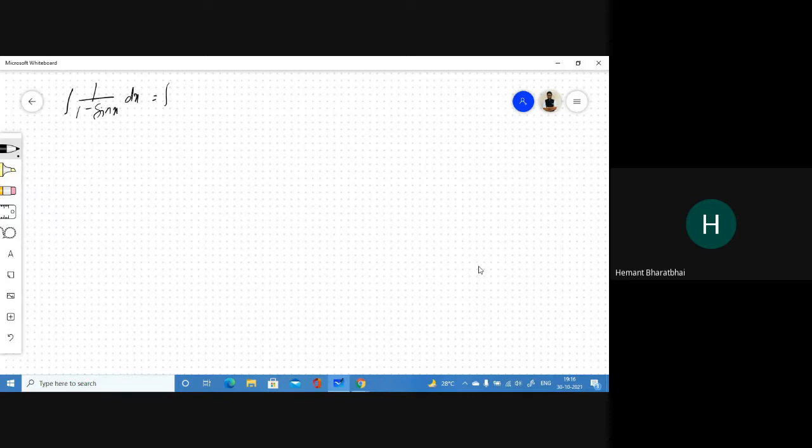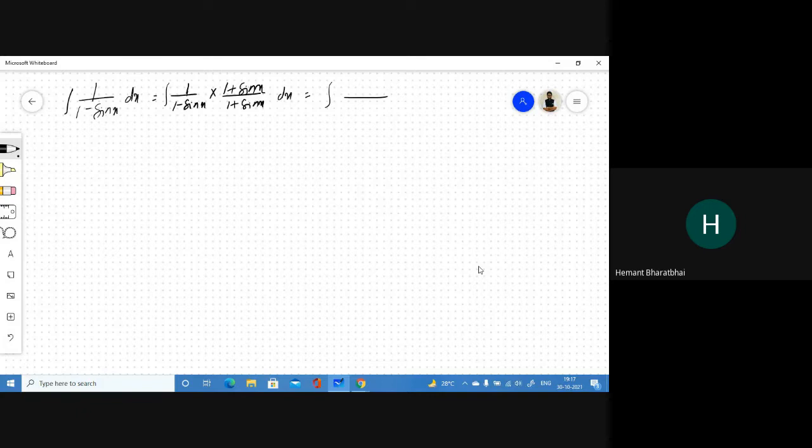So what I'm going to do over here is, 1 upon 1 minus sin x. I'm going to multiply with its, kind of a factorization kind of thing, 1 plus sin x, multiply and divide by 1 plus sin x dx. So I'll get a plus b into a minus b is a square minus b square.